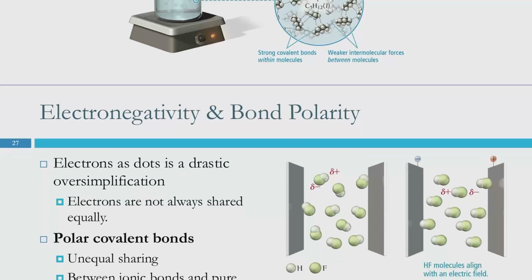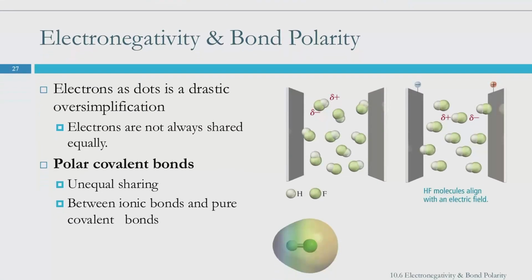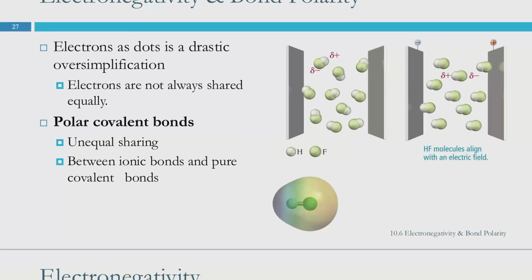We're also oversimplifying quite a bit when we're just showing our dots for electrons. Electrons are not always shared equally. We can have polar covalent bonds that result from unequal sharing.